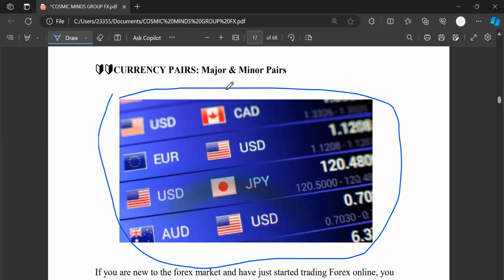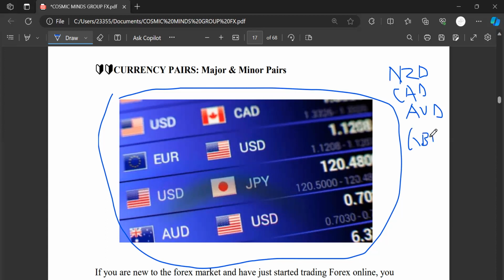So I think we have the New Zealand dollar, and we have the Canadian dollar, right? We have the Australian dollar, and then we have the pounds.